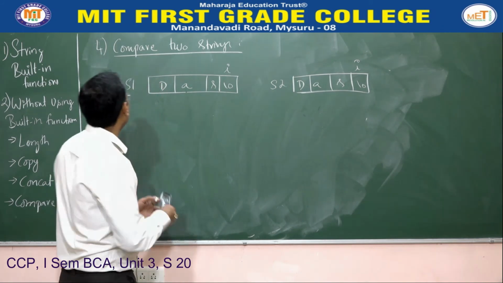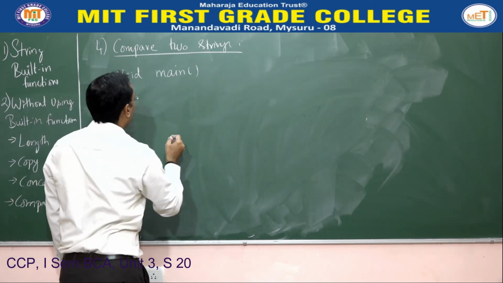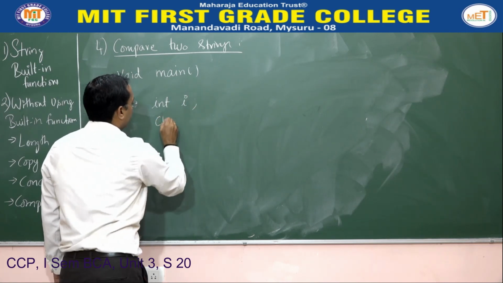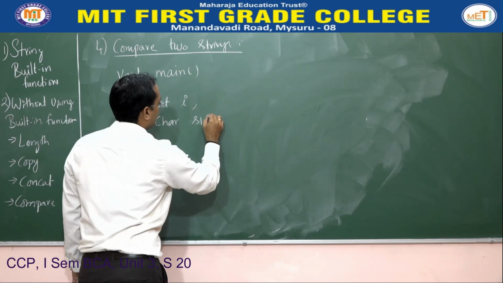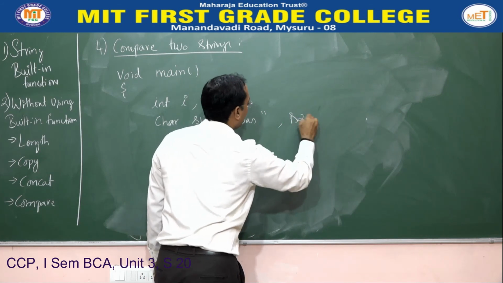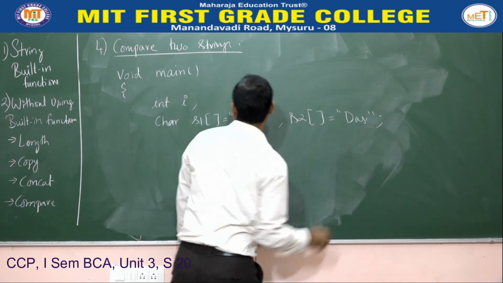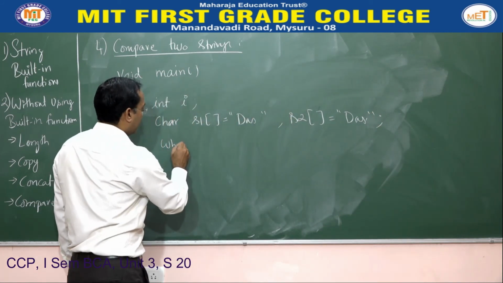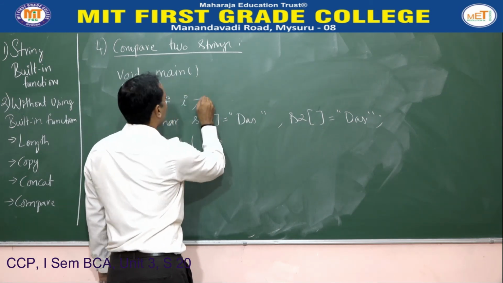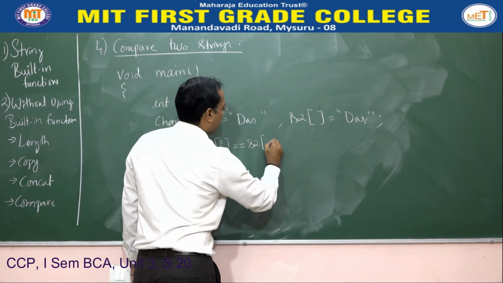Right, well, let's write the program for that. Void main, declare variable i for loop, declare two character variables, S1 is Thus, you can change the value while you are working, S2 is also Thus. Now while S1 of i, initialize i as 0, equal to S2 of i.